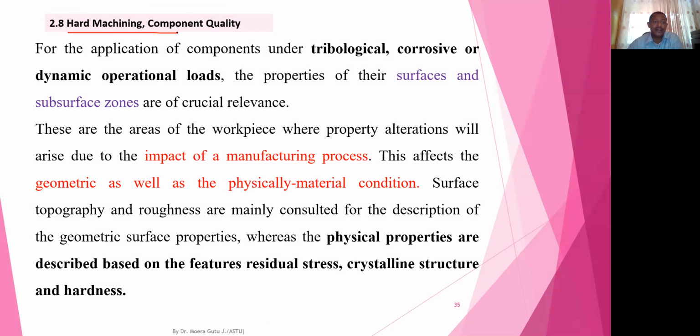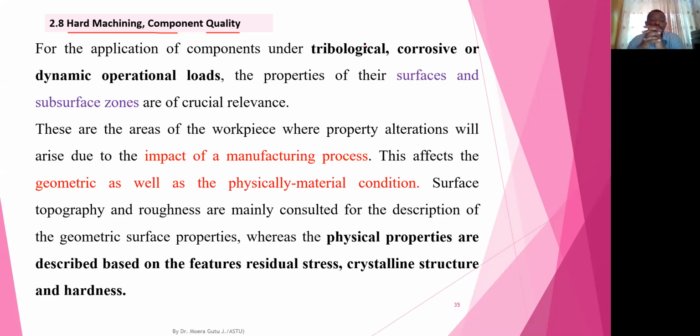Hard machining component quality. So in hard machining, what are the final goals in machining of hard materials, either turning, milling, or drilling? We will see under this chapter.